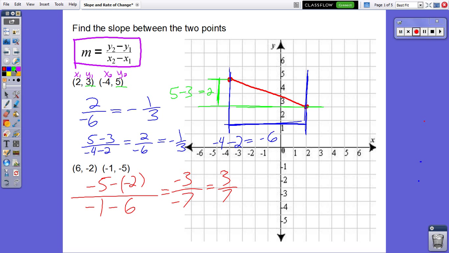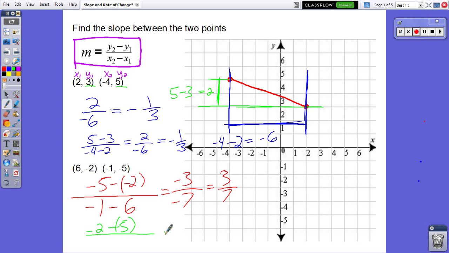Now I want to do this the other way to show you that it doesn't matter which order you put the points into this formula. You can put them in either order. You can switch around which one is x2 and x1, as long as you also switch around which one is y1 and y2. So if we put the negative 2 first, then we'd have to subtract negative 5.